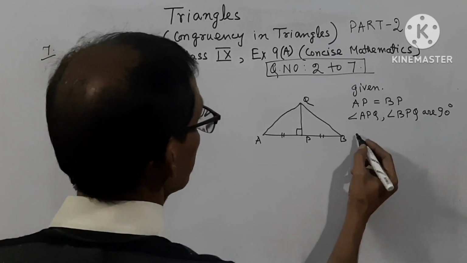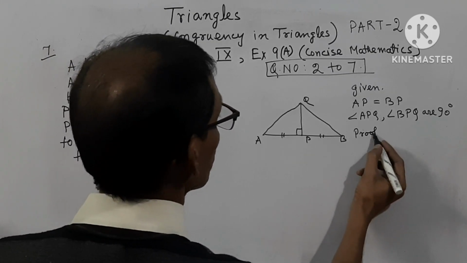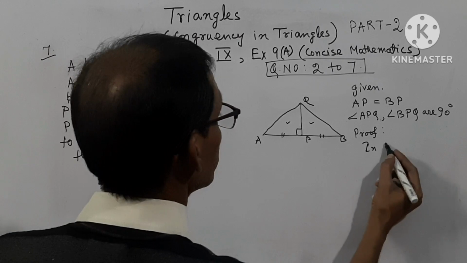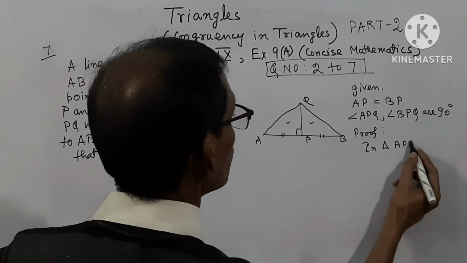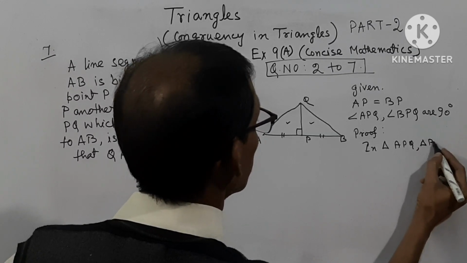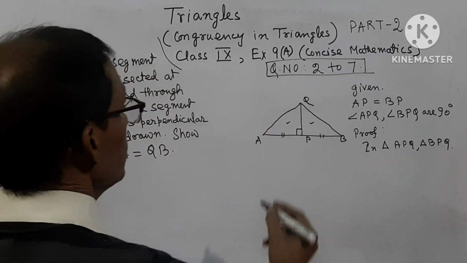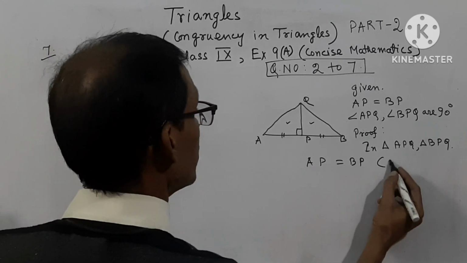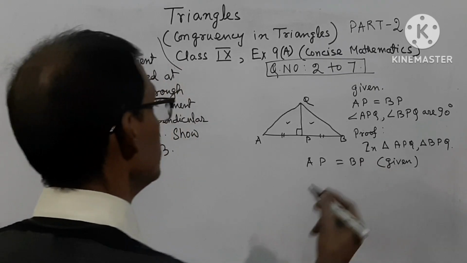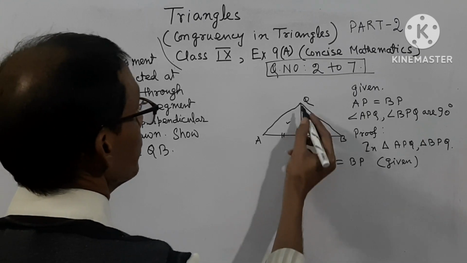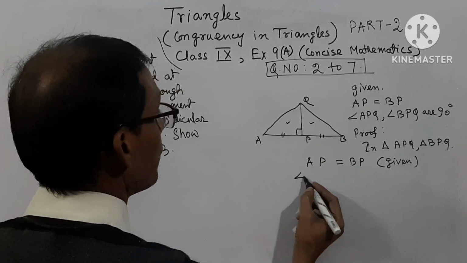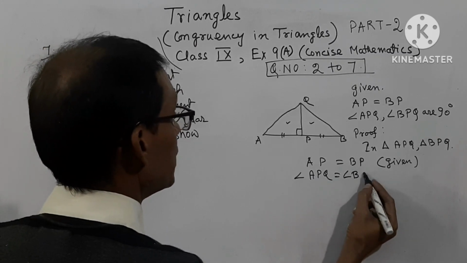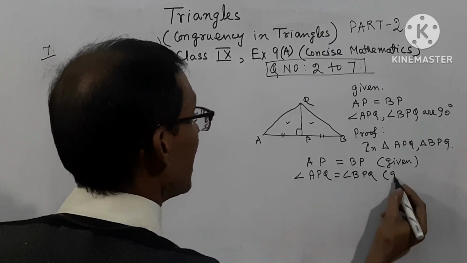Now it seems very easy. We can give the proof in triangle APQ and triangle BPQ. See, AP equal to BP, clearly it is given in the question. Angle APQ equal to angle BPQ as they are 90 degrees.